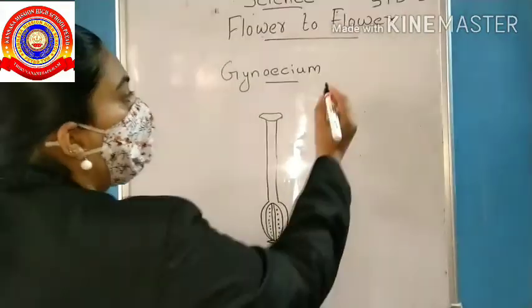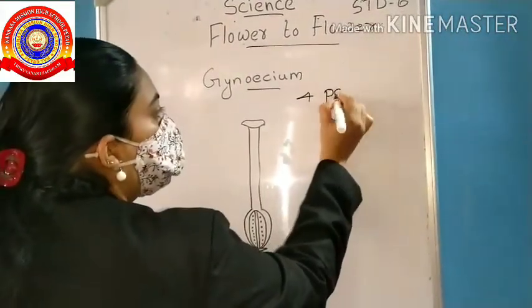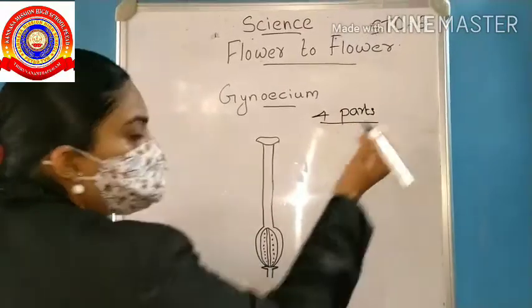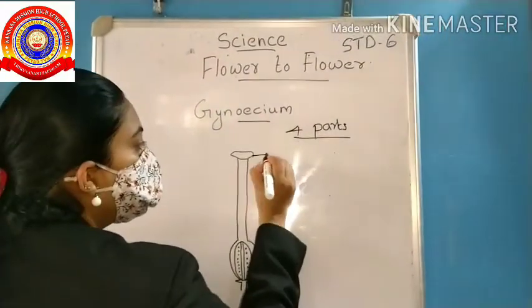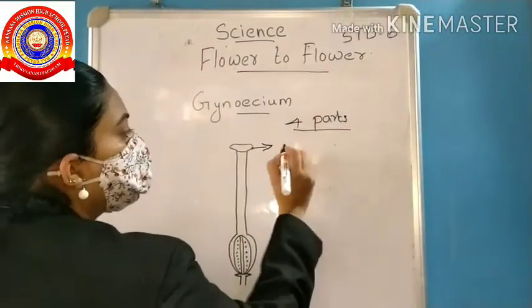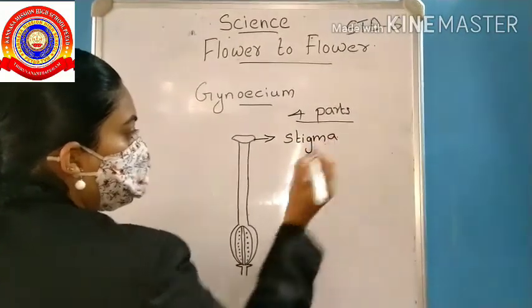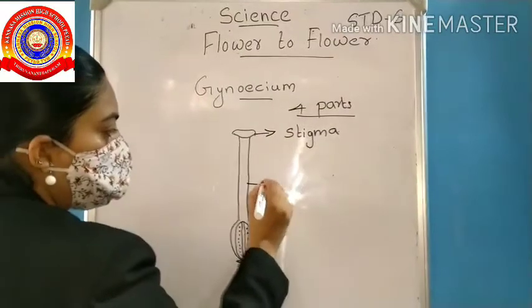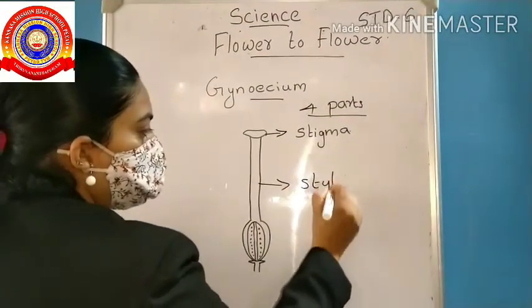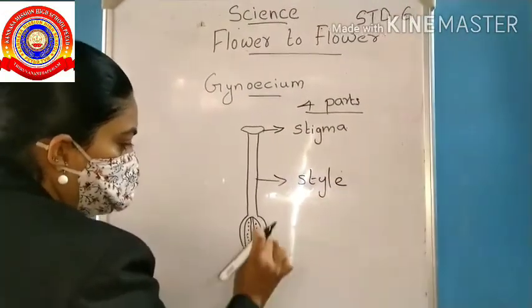This is the structure of gynoecium. The gynoecium has 4 parts. The first part is stigma. Then the tube-like part is style.